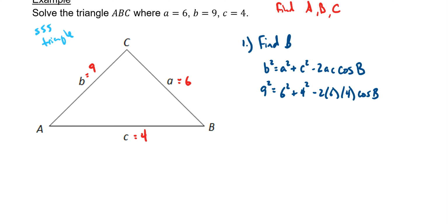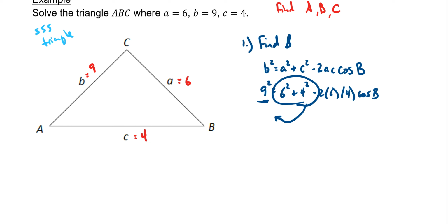So not as easy as when we were finding the side using the law of cosines. We first need to solve this for cosine of B, and then we can go ahead and do cosine inverse of the other side. Since we have our calculators, let's do a couple steps in one. 9 squared is 81. I'm going to add these together too and do 36 plus 16. Subtract that from the left-hand side.